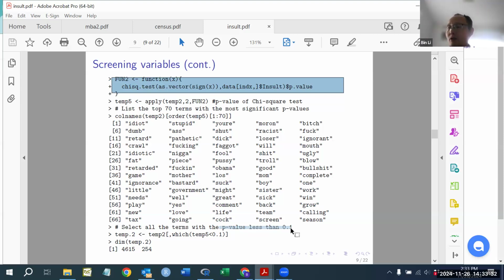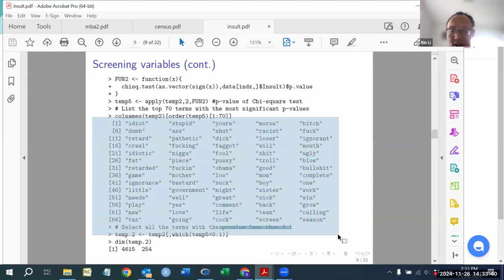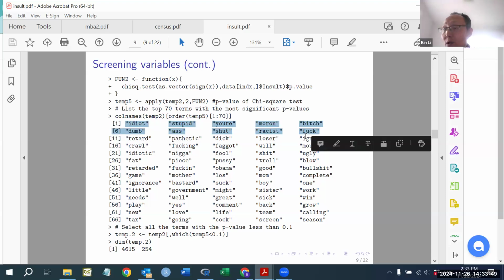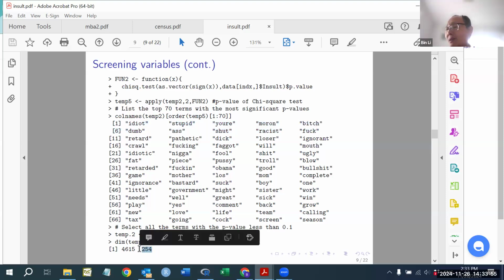That means they have some association, so they show some information about the insulting status. Here I'm listing the top 70 terms, and you can see these terms are obviously related to the insulting status. After this step, we have 254 terms left. So the dimensionality becomes much lower.